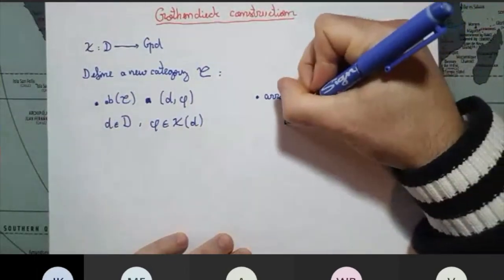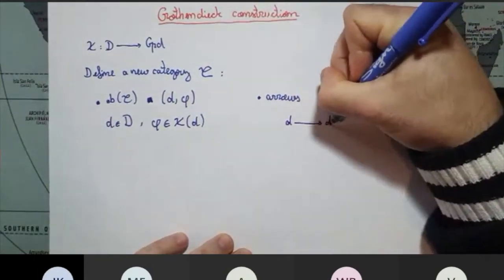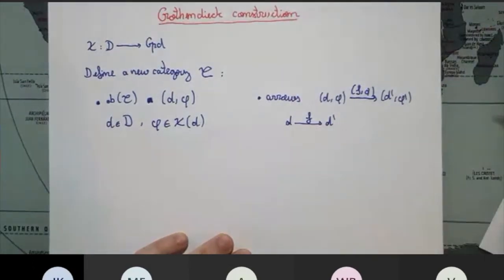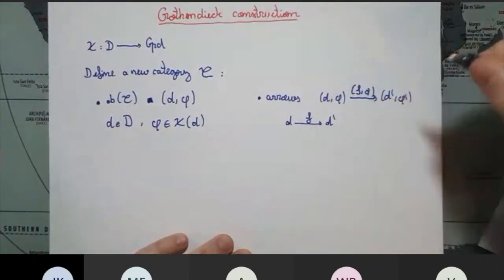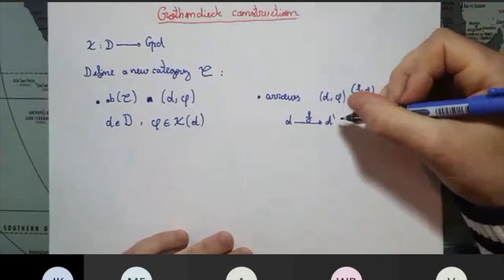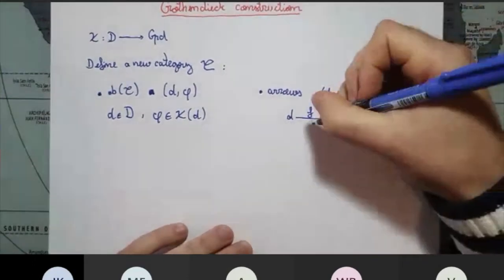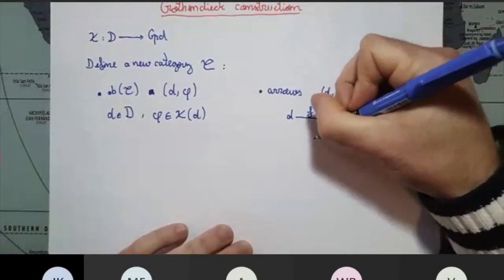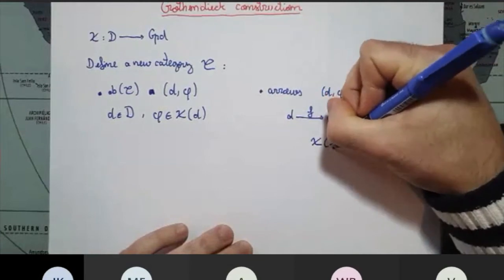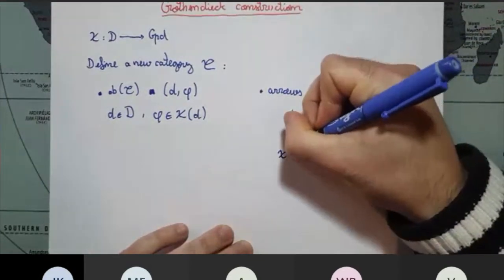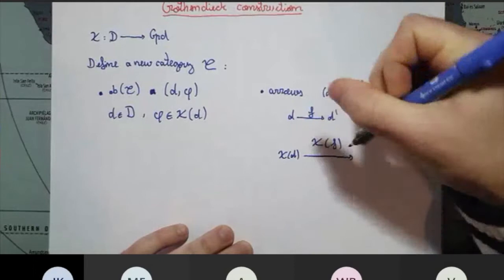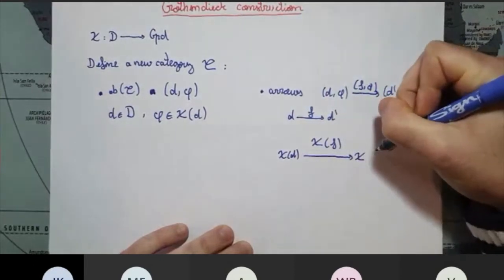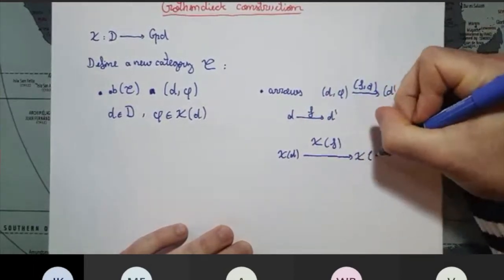such that F is an arrow from D to D prime. Then if F is an arrow from D to D prime, then G of F is a functor from G of D to G of D prime.